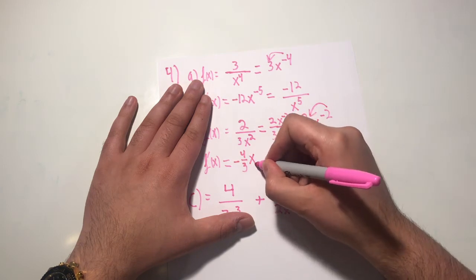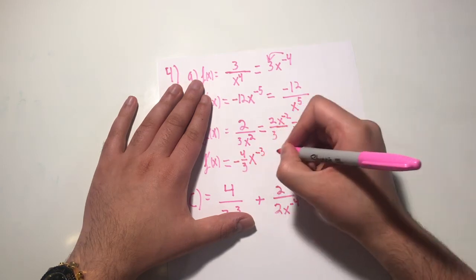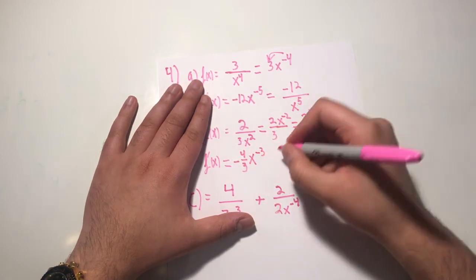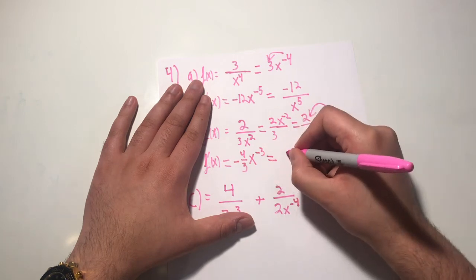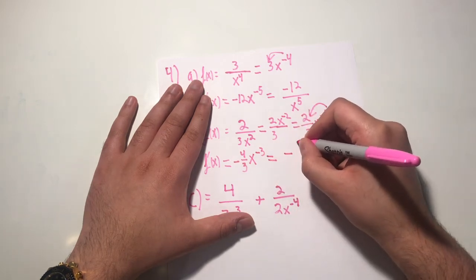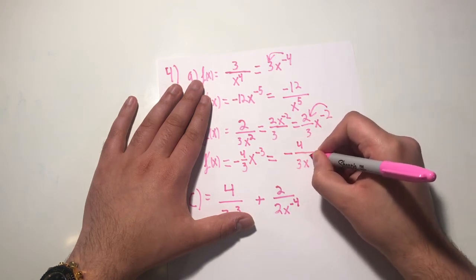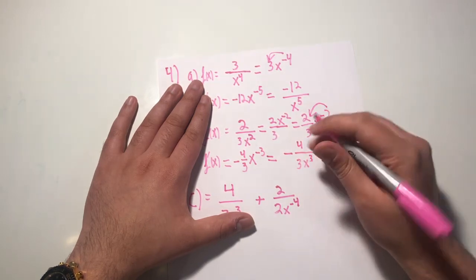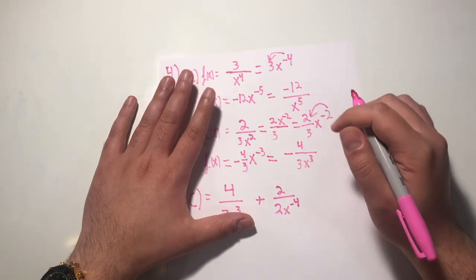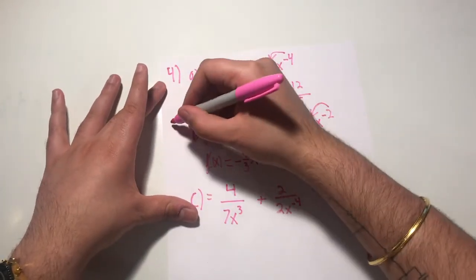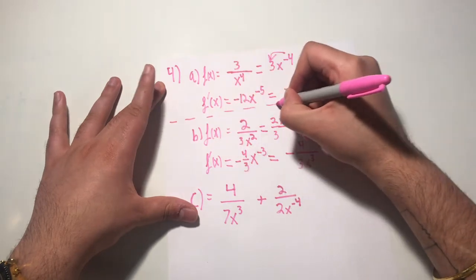That's going to become x to the negative third. And then if you wanted to convert that, that would end up becoming negative 4 over 3x to the positive third. And that's pretty much it, right? It really isn't more complicated than that.